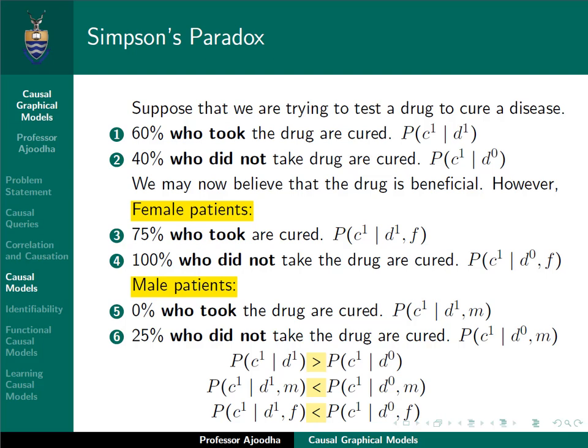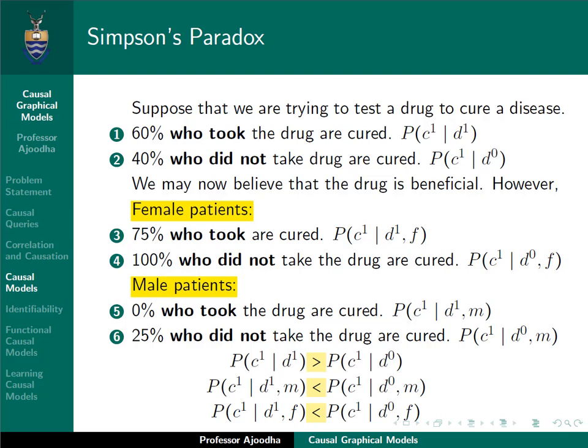So we'll see I've separated it by male and female. Among female patients, 75% who took the drug were cured, but 100% who did not take the drug were cured. Among male patients, nobody who took the drug was cured, but 25% who did not take the drug were cured.